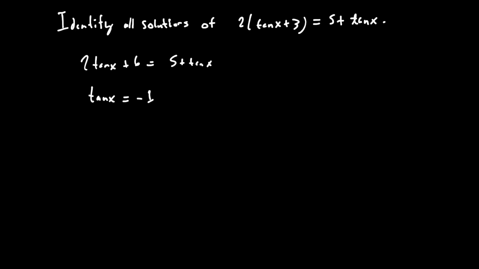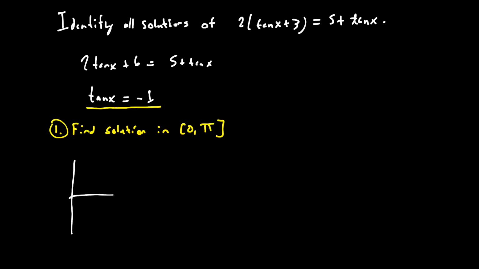Now we want to find a particular solution to this equation here. Excuse me, not 0 to 2 pi, but actually 0 to pi. And the reason why, again, is because the period of tan is pi. Let's sketch a graph of our tan x.